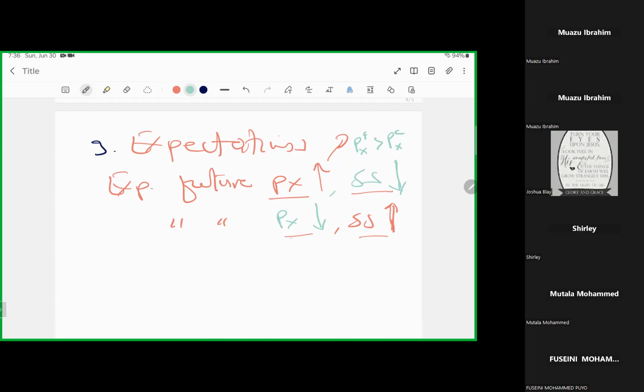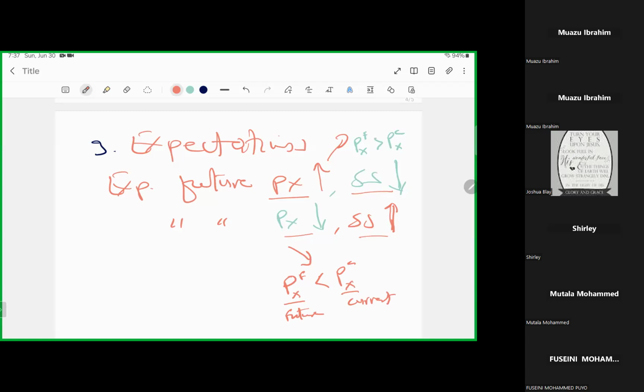The same thing applies if you are expecting the future price to fall. The future price for the good that you are looking at will be lower than the current price, which means that the current price is higher than the future price.